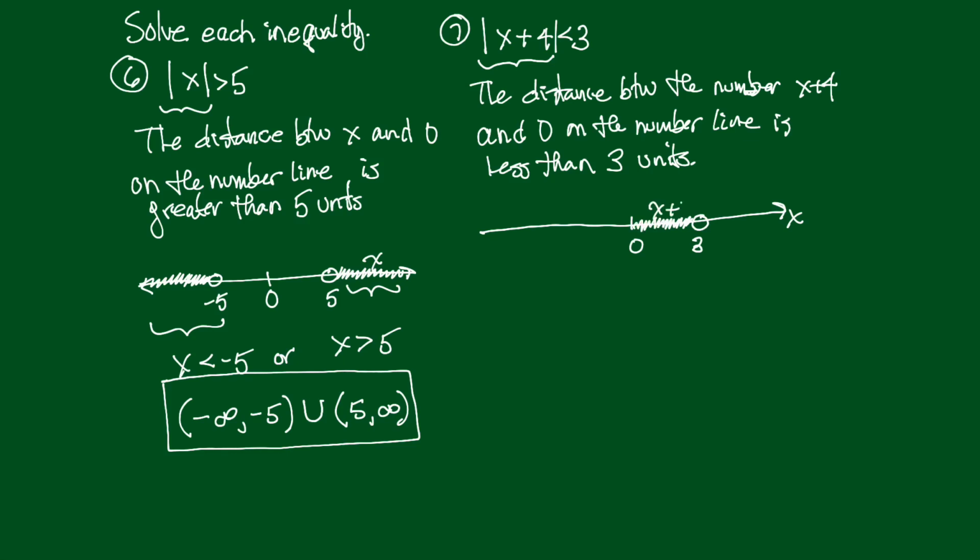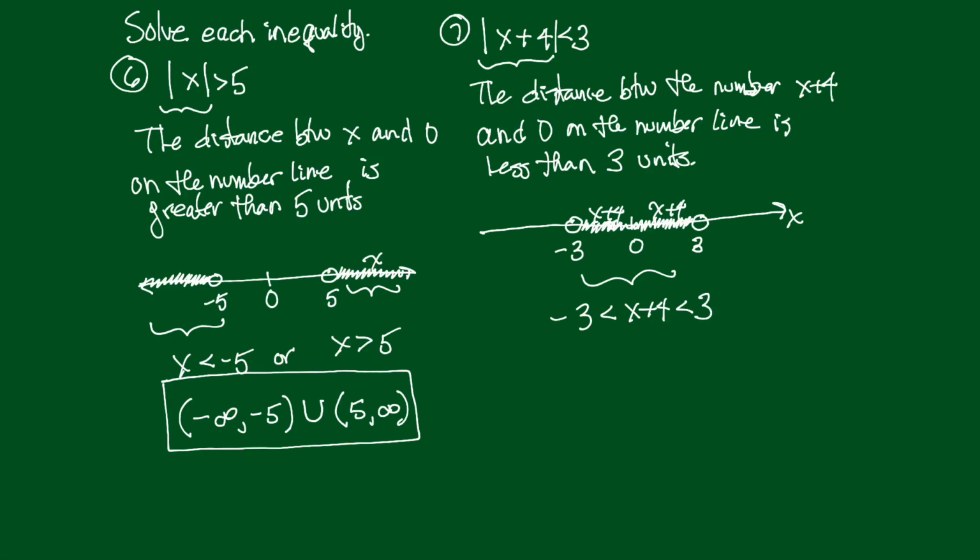Or if I went to the left, I'd be out here at -3, and if I put x's anywhere in here, I'll be less than 3 units away from 0. So here's what I have: -3 is to the left of x plus 4, which is to the left of +3.